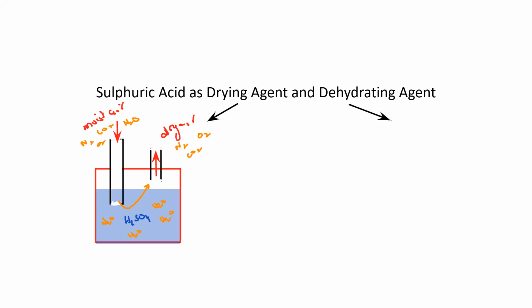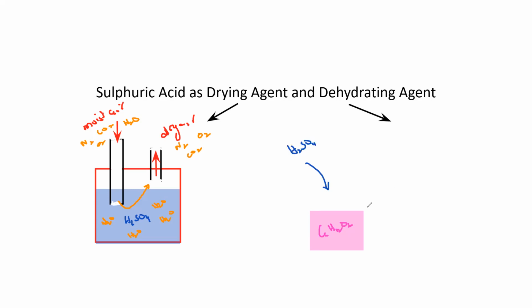But what about a dehydrating agent? What is the meaning of dehydrating agent? For example, we have sugar crystals. Sugar crystal is C6H12O6. And we add sulfuric acid, H2SO4, to this.